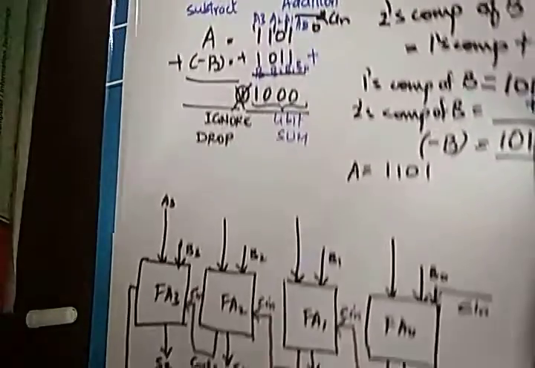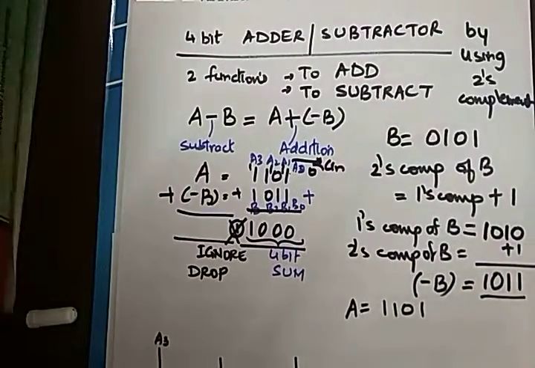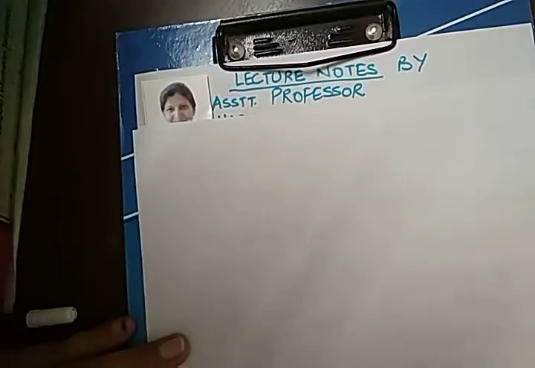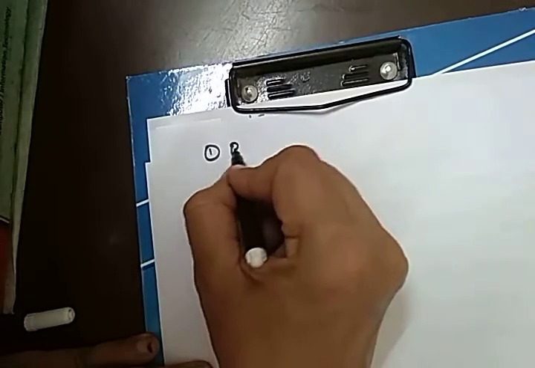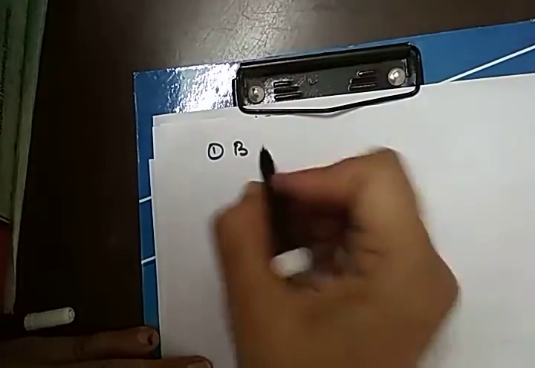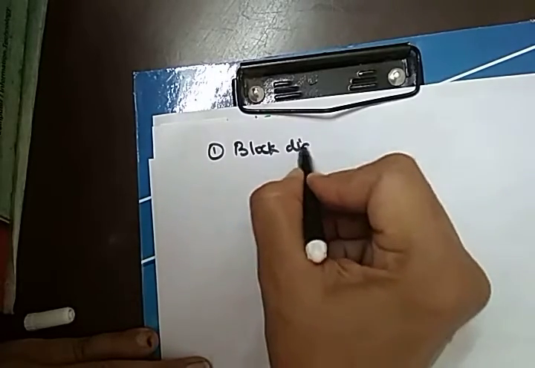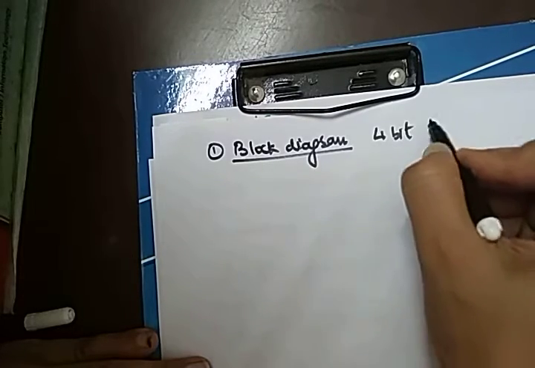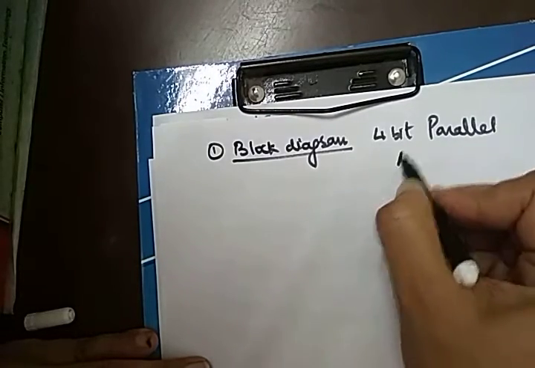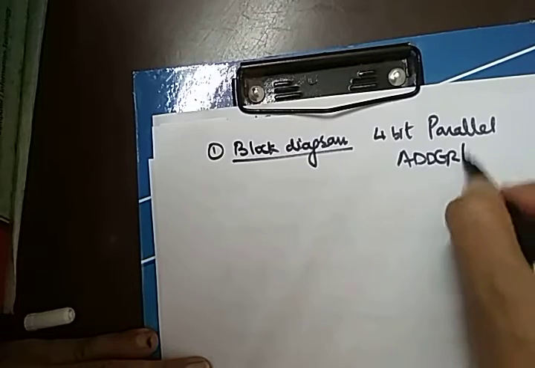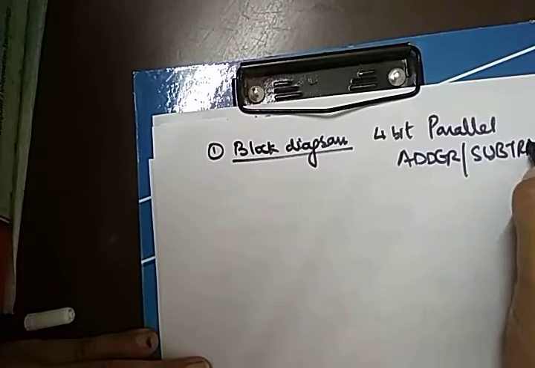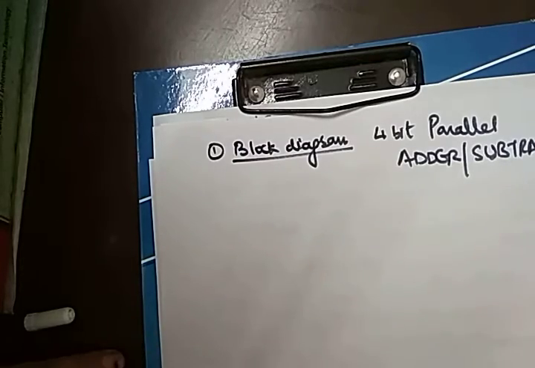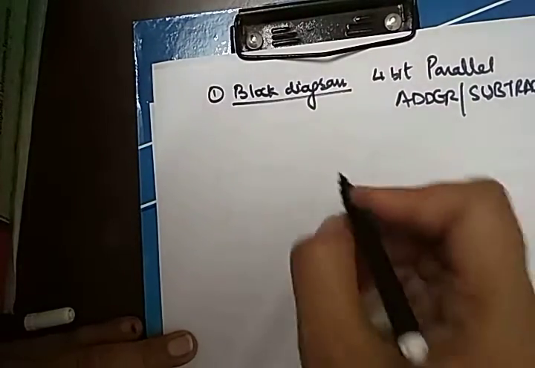The logic circuit used for that, if we first visualize the block diagram, as always, we first will draw the block diagram for the 4-bit parallel adder subtractor. The same circuit will perform both the functions.